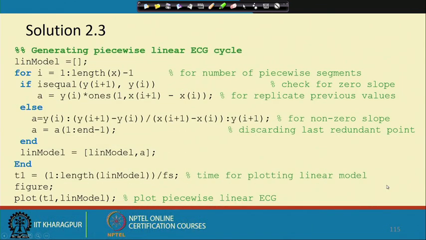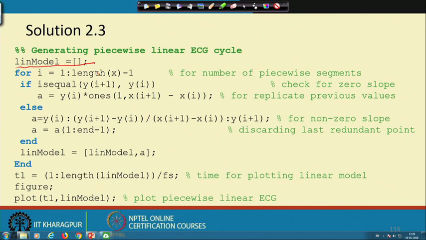Now, what we do? We go next. We have to create a linear model or linear approximated model of the signal. So, first we have created an empty array, that the square brackets create an empty array, and we have assigned the variable lin model in that way.